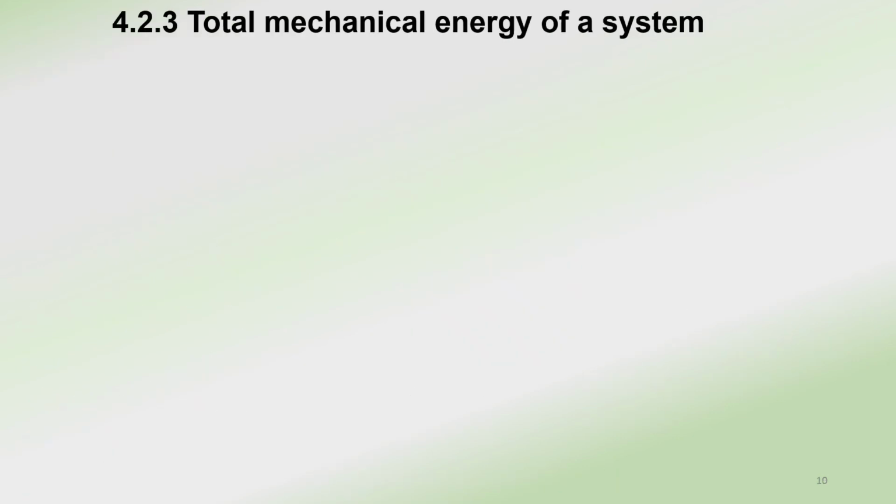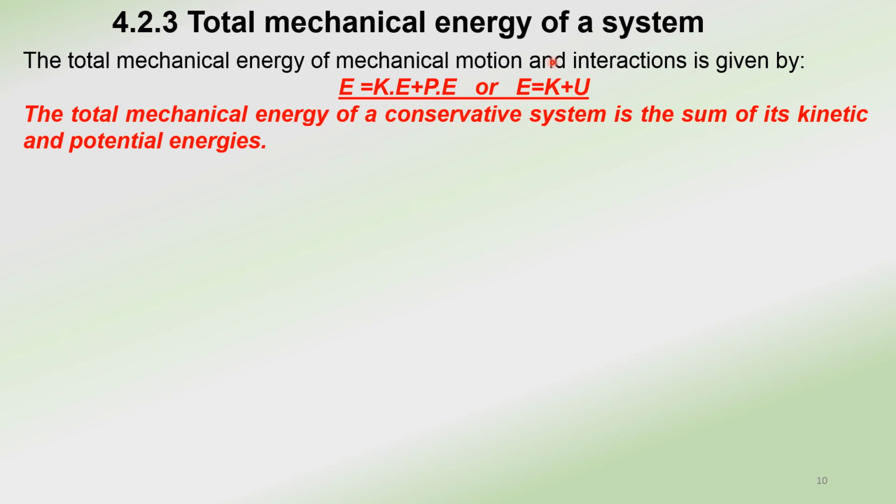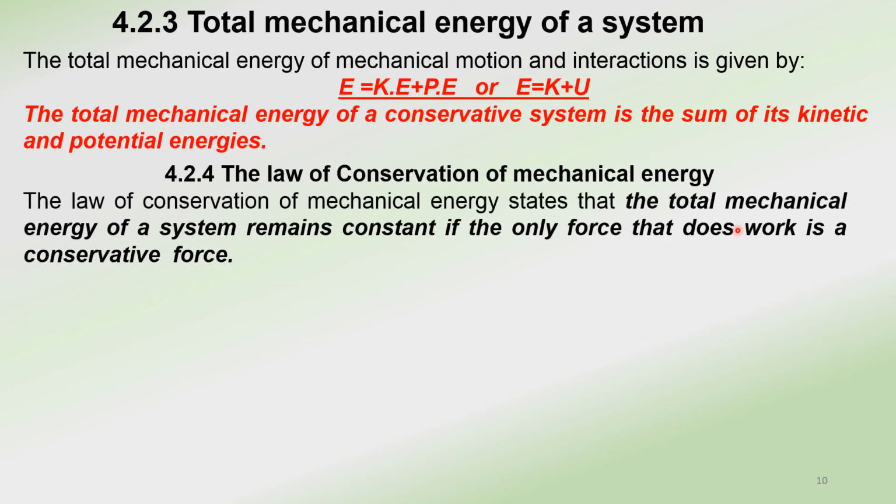Then the last one is the total mechanical energy. By definition, total mechanical energy of a system is equal to the sum of kinetic energy and potential energy. And here comes the law of conservation of mechanical energy, which states that the total mechanical energy of a system remains constant if the only force that does work is a conservative force.